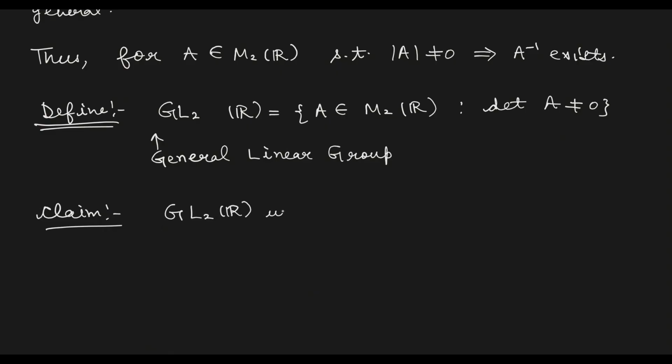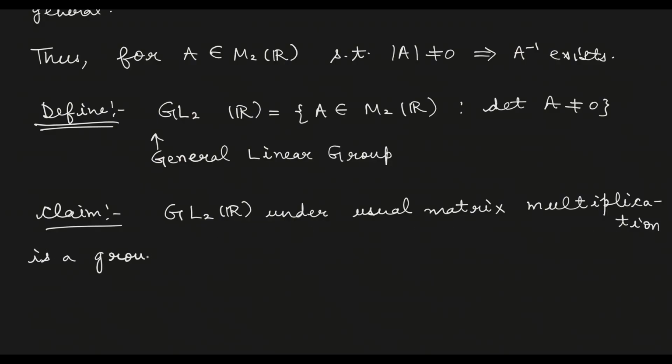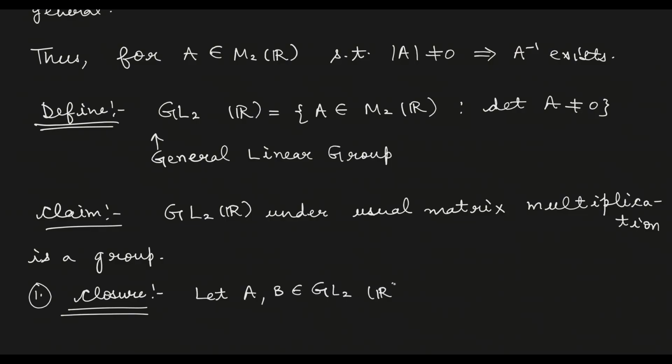GL2R under usual matrix multiplication is a group. So first property, closure property. Let A, B belong to GL2R. Determinant of AB.